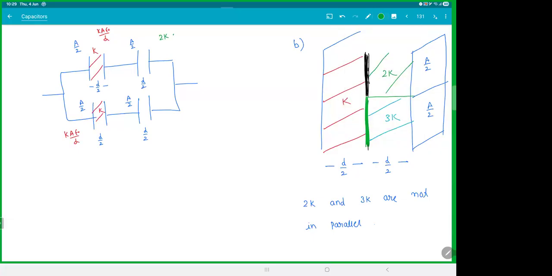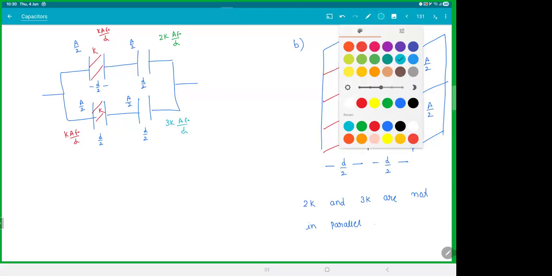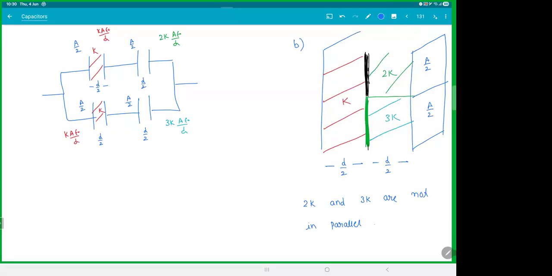This is 2K into A epsilon by D. This is 3K into A epsilon by D. You can clearly see the upper two are in series, the bottom two are in series, and they're in parallel. How much are you guys getting for this? 17 by 12 K A epsilon by D. Yeah, Samyak, I think. You can verify this. That's your C equivalent.